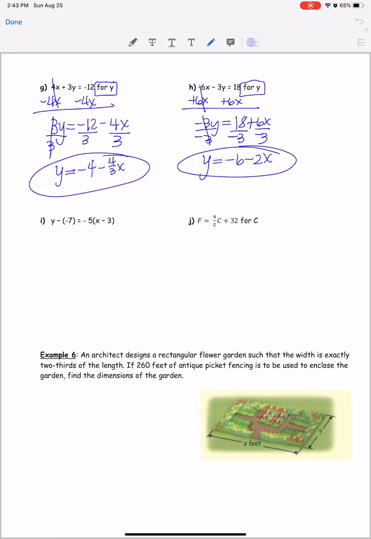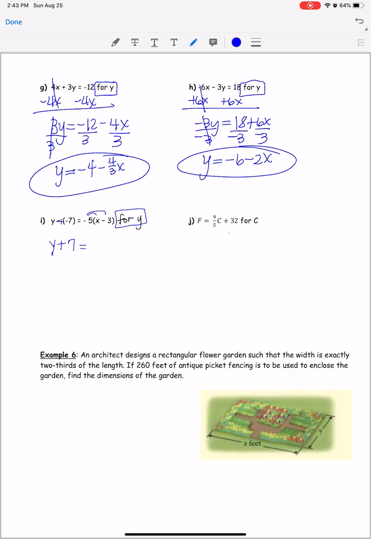Okay, on I, I think this was supposed to say 4y. And if it wasn't, we're changing it to it now. So, solving this for y. So, y minus a negative 7, I'm going to change that to a plus. So, I've got y plus 7 equals, I'm going to distribute over here.